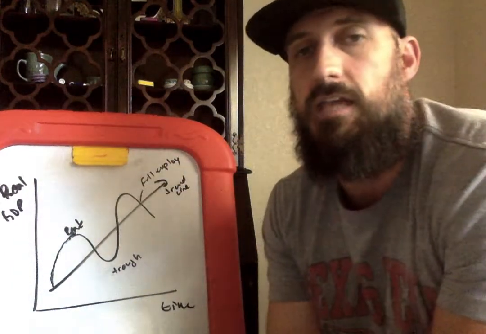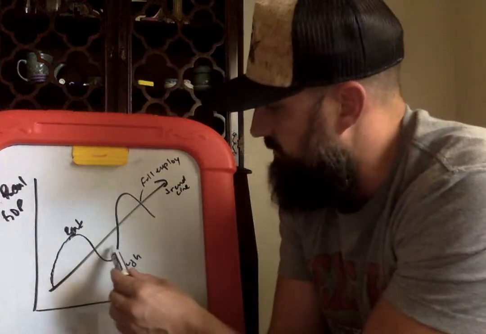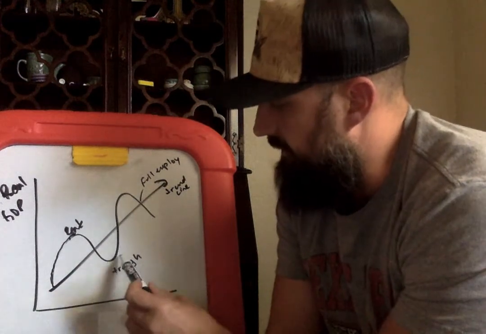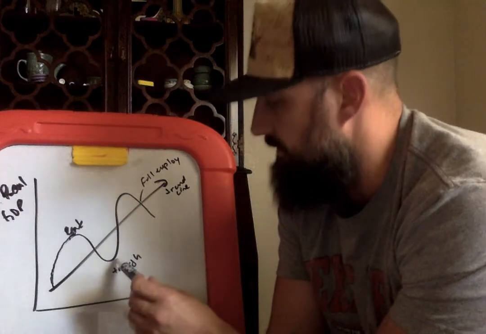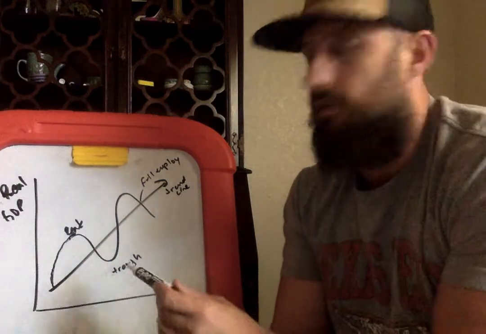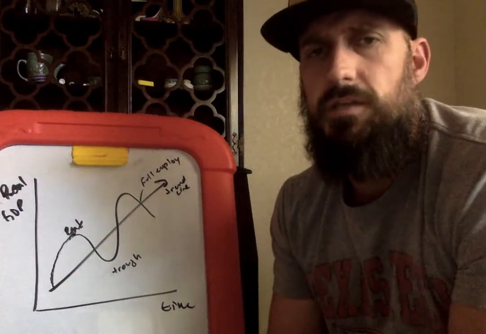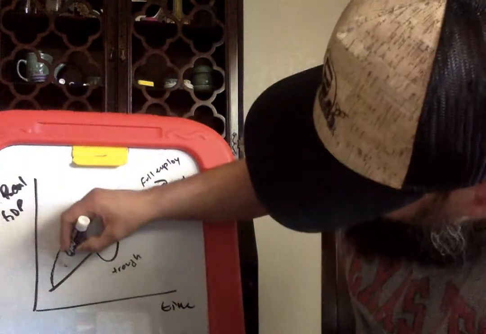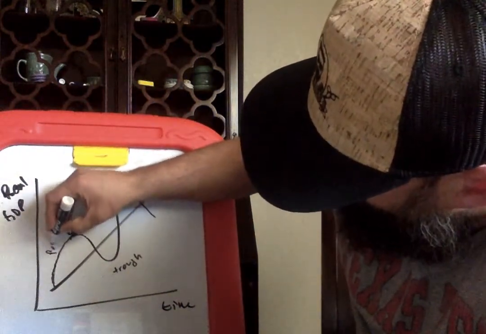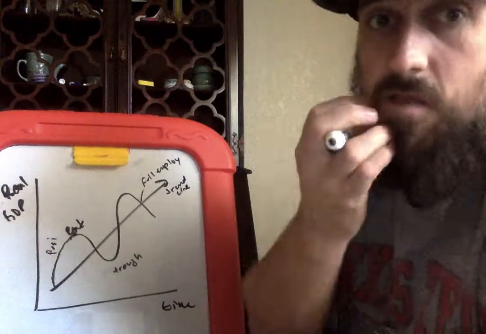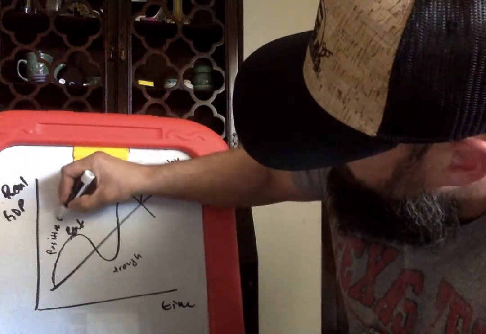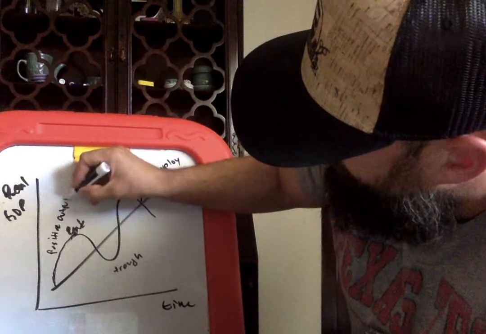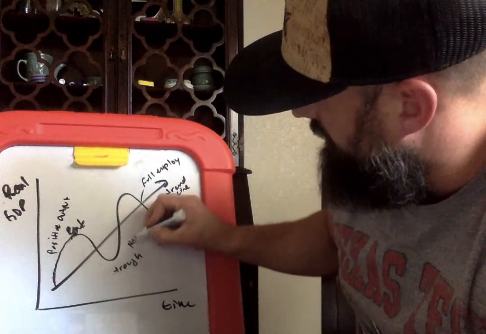And that is a negative output gap as you go down. And the minimum or the lowest point is going to be the trough, and then again back up, right? Now, this is our positive output gap right here, and then down here is going to be our negative output.